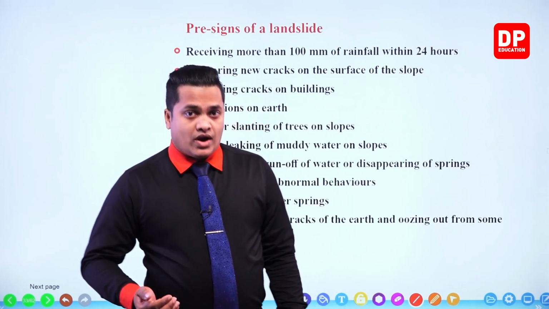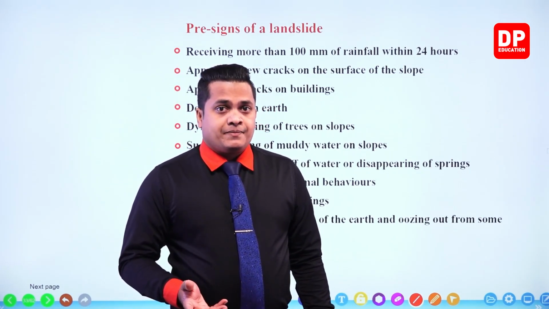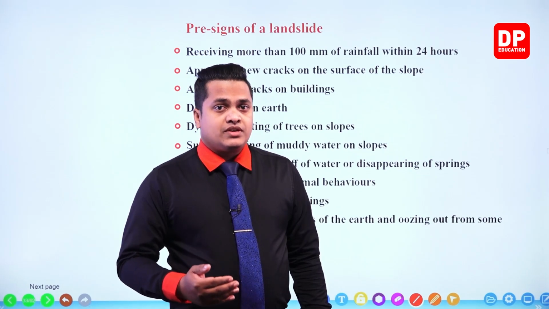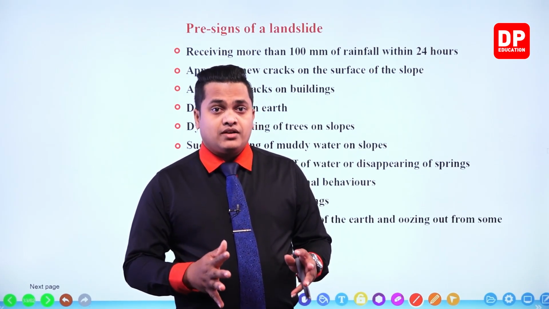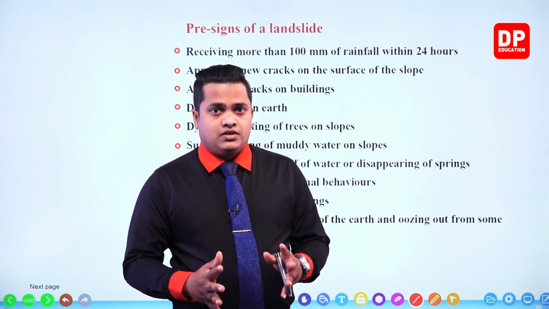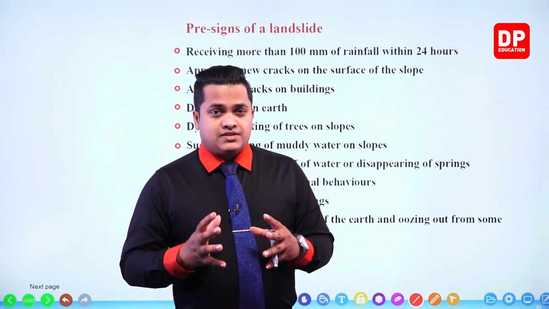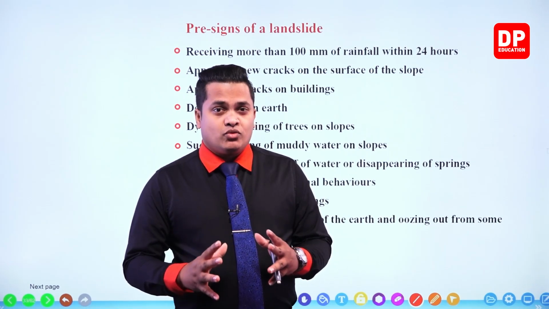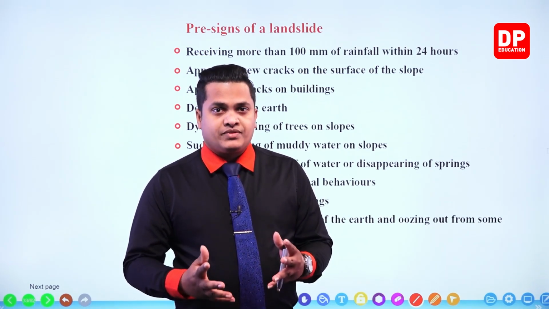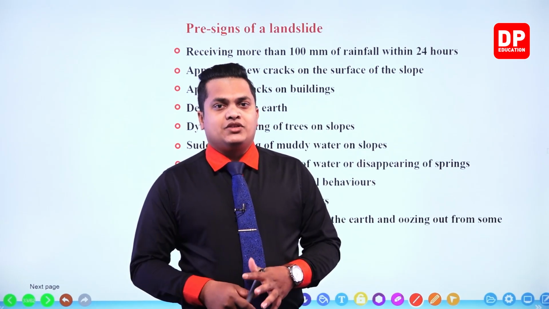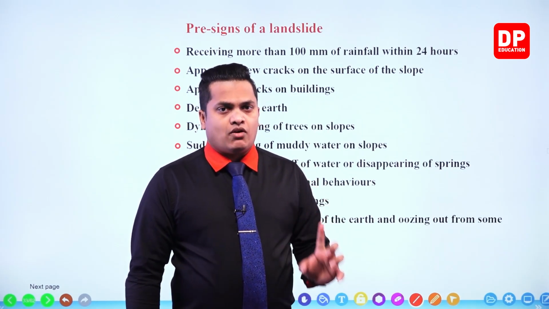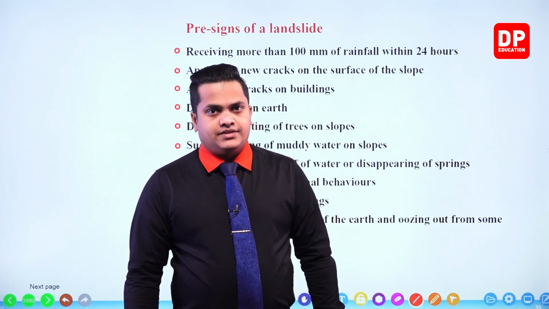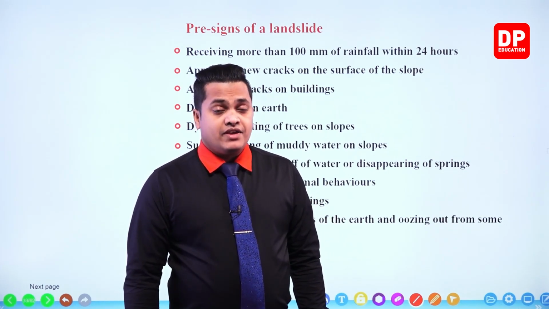Within one day, if a certain area receives more than 100 millimeters of rain, then, my dear children, what will happen? Then there is a very high risk of a landslide.